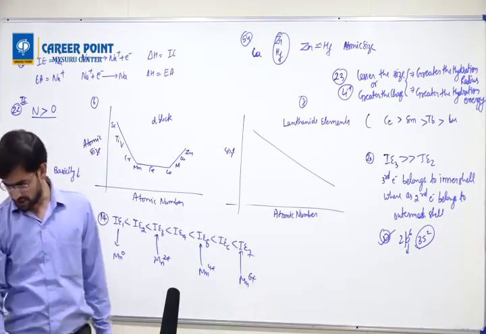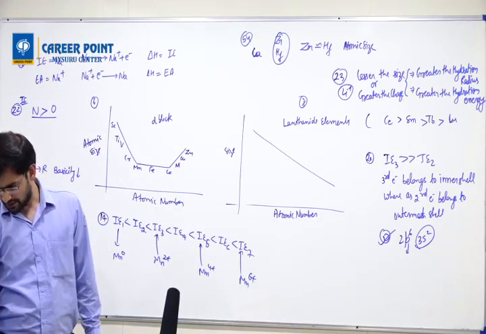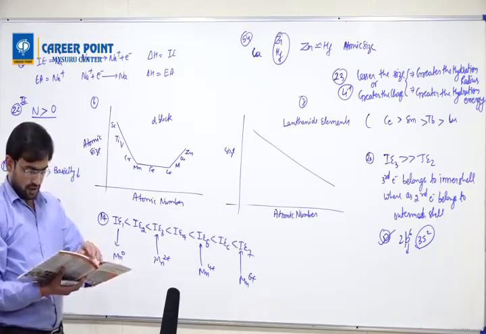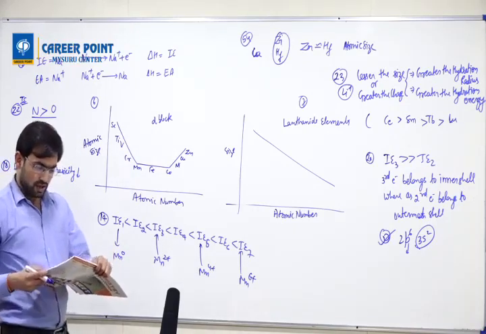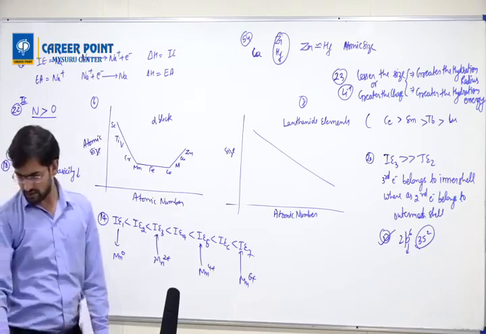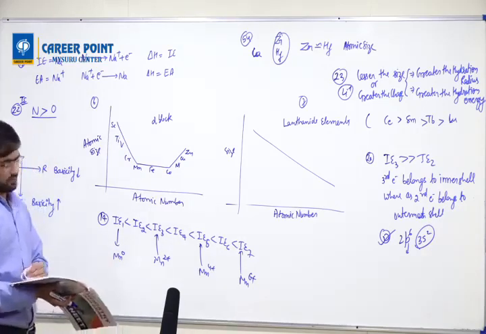Then after 23 we get question number 31. The most basic oxide in the following, we can do like this. Same. This will be the 31 question, same as this. Then question number 55.